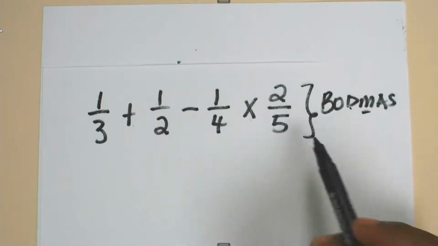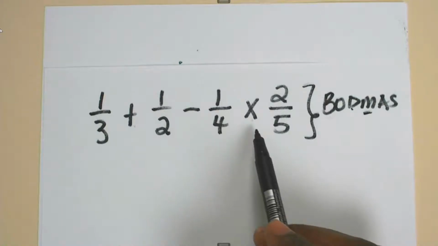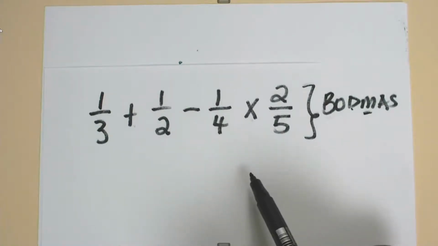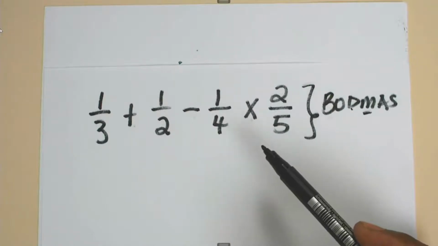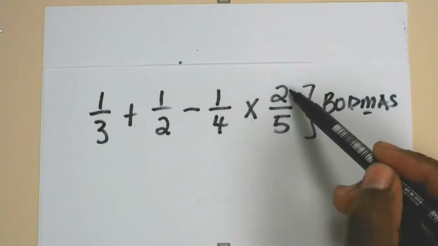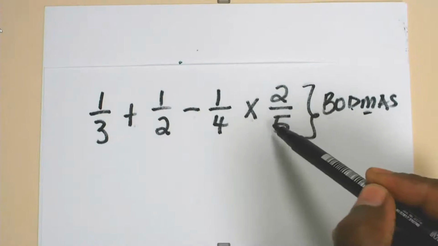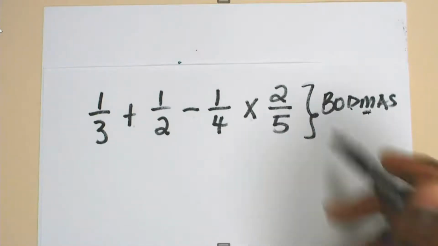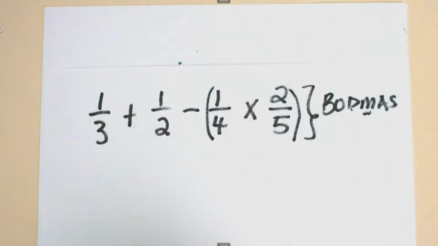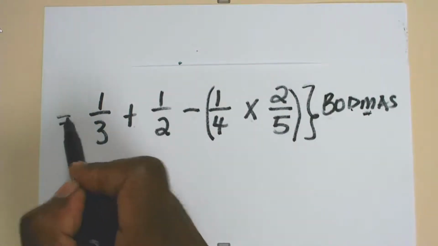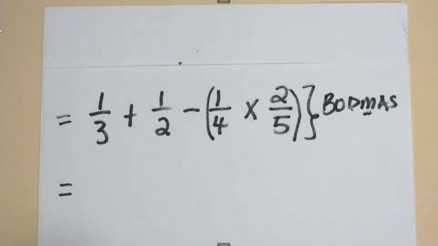But we can see that in our fraction, there is a multiplication sign between the two fractions, which means we may now put our imaginary bracket, because we're going to start with this where we multiply, because BODMAS says we should multiply now. Then we open and close the bracket. Then the question is, what happens to the others?